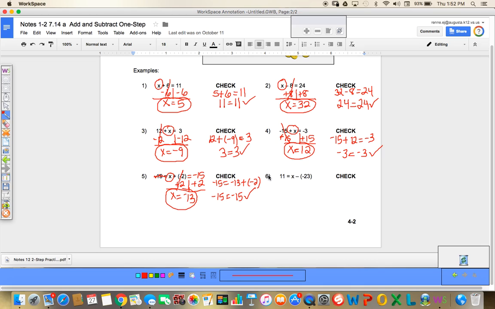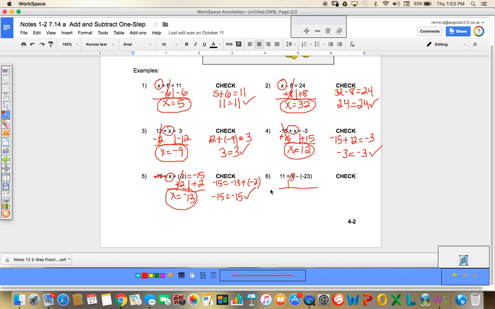Now, the last one, I told you I would show you how to do it without moving the equal sign, even though the variable's on the right. So we're going to circle our variable, and we're going to draw our t. Now, this is a special case. So whenever you see a minus and a negative next to each other, we talked about this when we did integers.